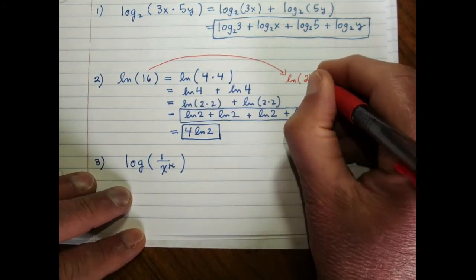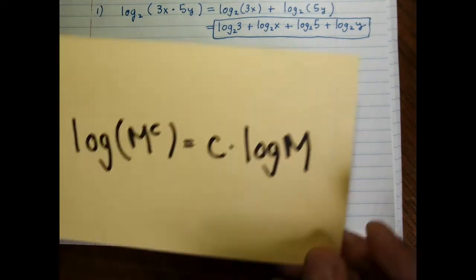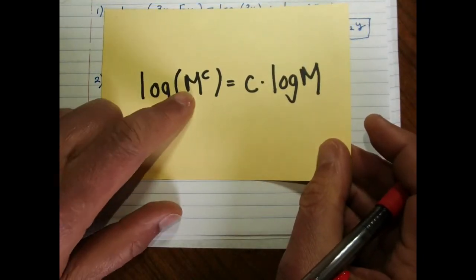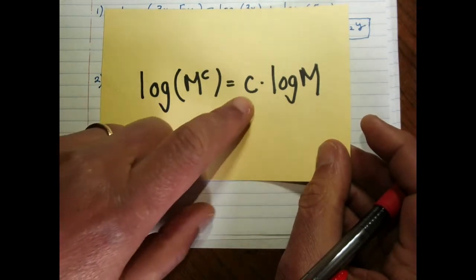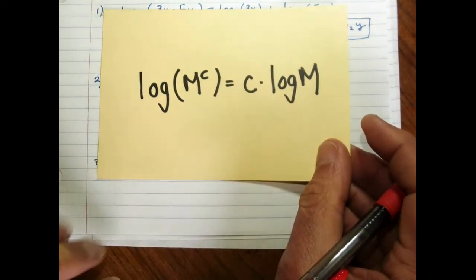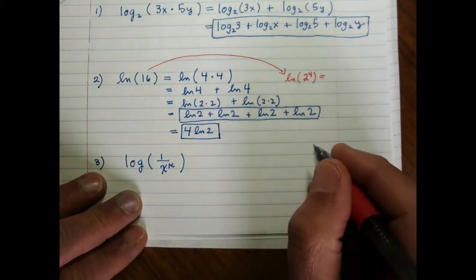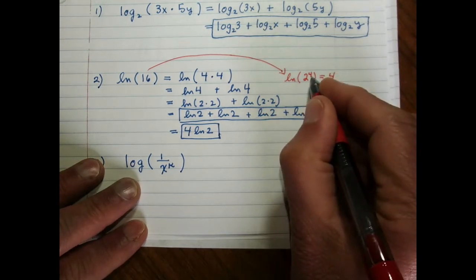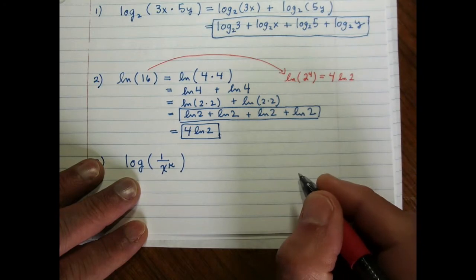If we had just written it as 2 to the 4th, we could have proceeded by applying the third law that has to do with the number raised to a power. The log of a number raised to a power is that power times the log of the number. So ln of 2 to the 4th is just that power 4 times ln of 2, the number inside.